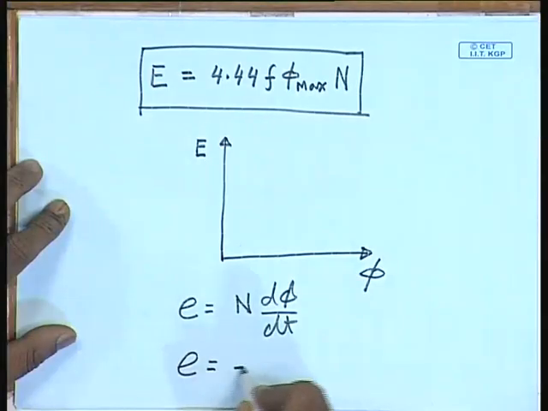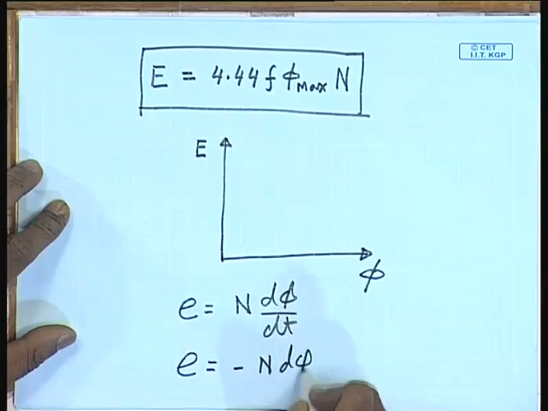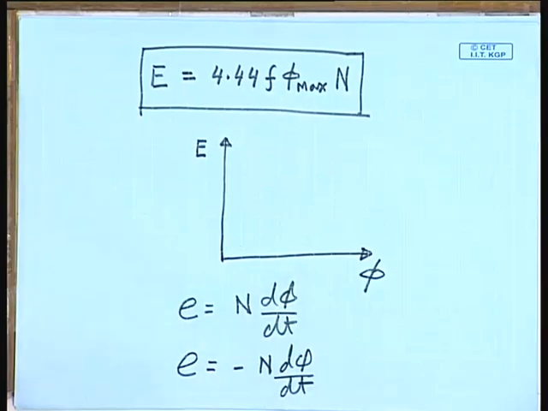The actual Faraday's law says E equal to minus N d phi dt. So, in our case this E will be opposing the supply voltage. In the case where E is taken with a negative sign, this is called the induced voltage.